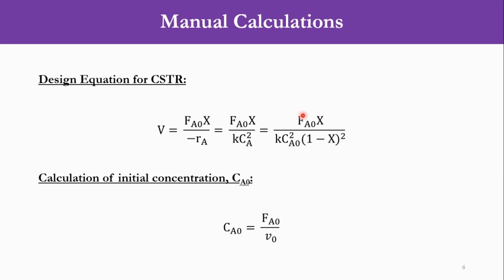We know the value of FA0, that is 50 kmol per hour. The value of X is 0.94. The k can be calculated because we know the values of A, E, R, and T, but we do not know the value of CA0. So CA0 is equal to FA0 over v0, where FA0 is the molar flow rate, while v0 is the volumetric flow rate.